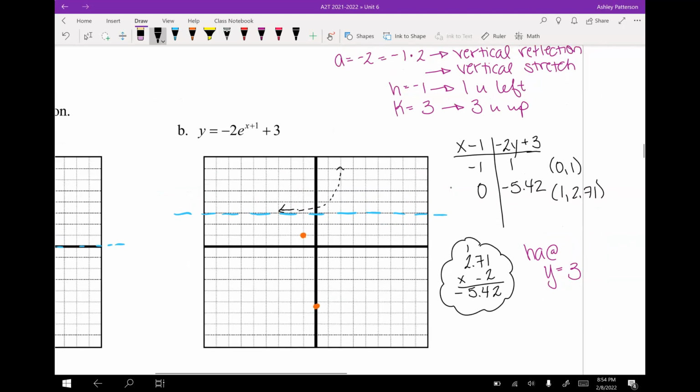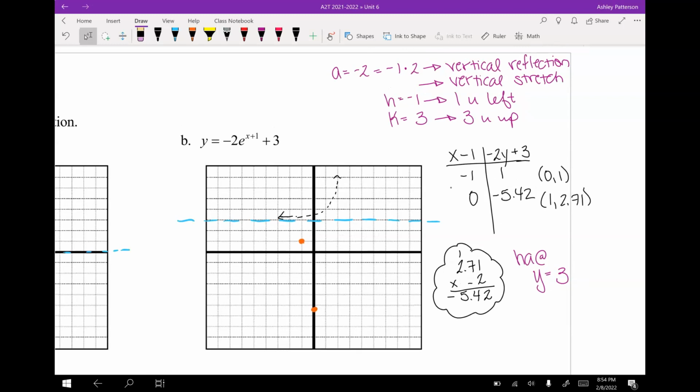Well, we have a vertical reflection, which means it's flipping upside down. It's reflecting across the horizontal asymptote. And then we have a vertical stretch. So to sketch this in, I'm simply going to start at the horizontal asymptote, and then I'm going to curve, and I'm going to curve quick so that I can include the 2 points representing a vertical reflection and a vertical stretch.